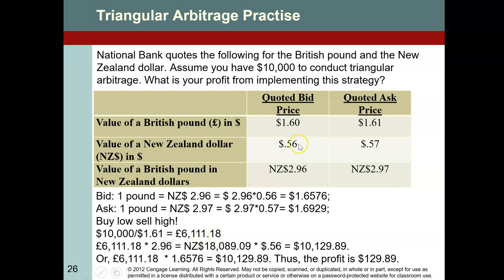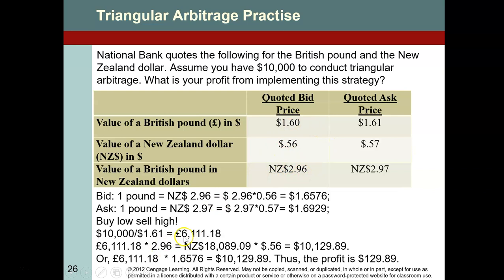And then we can use the second and third step and exchange pounds for dollars at the higher rate, 1.6576, okay, the higher bid price, which is multiplying these two numbers.